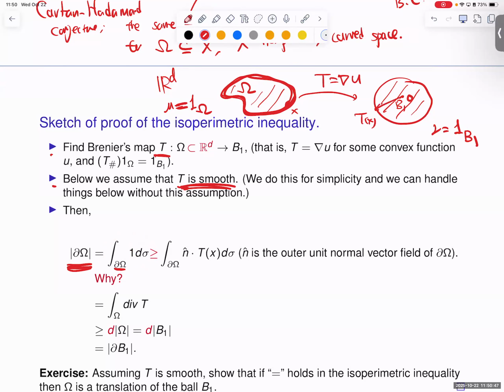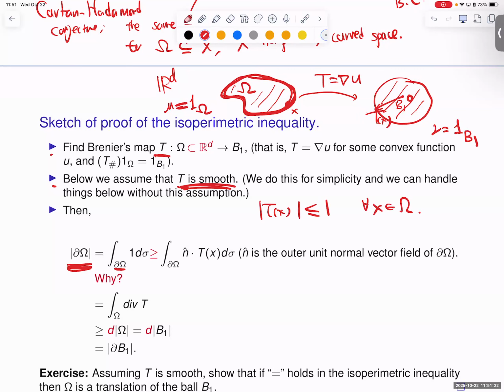T(x) can be on the boundary of the ball or inside. So T(x) has norm less than or equal to 1, right? For any x in Omega. Is this clear?